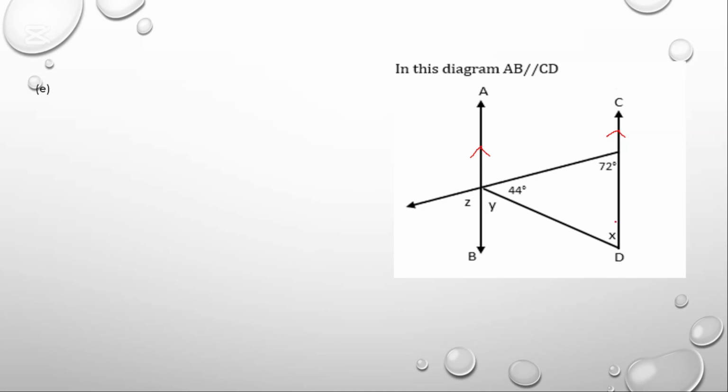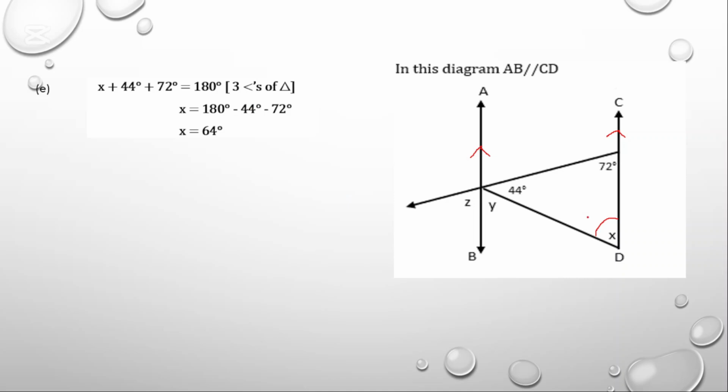And we only have one unknown angle, so it's quite easy. We just subtract the 44 and the 72 from 180. So X plus 44 plus 72 is equal to 180, three angles of a triangle. So we subtract in the next step, and X is 64.